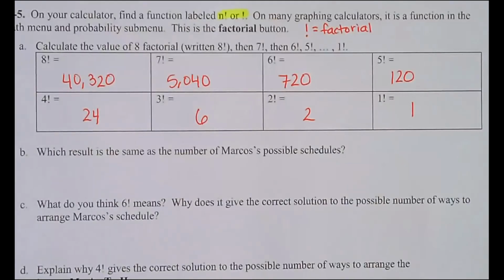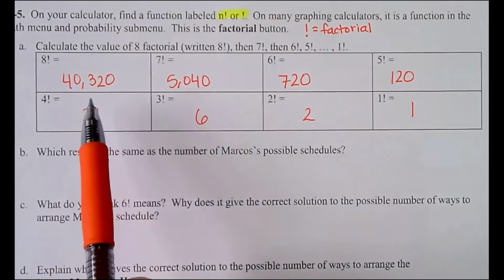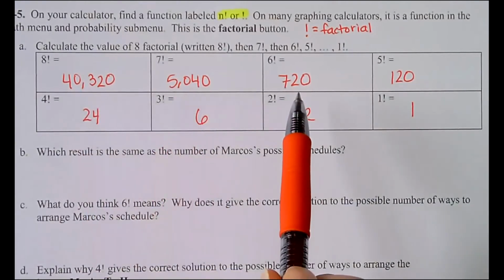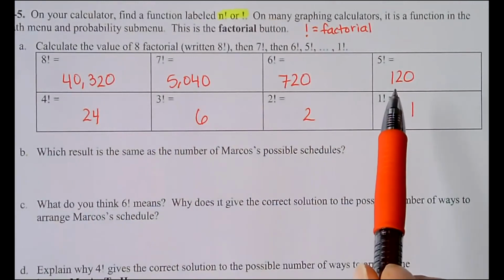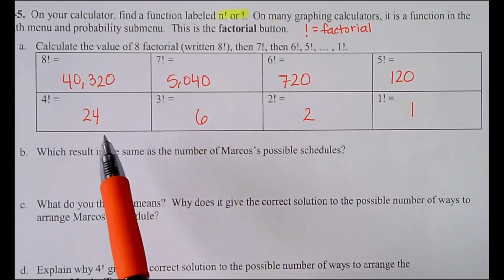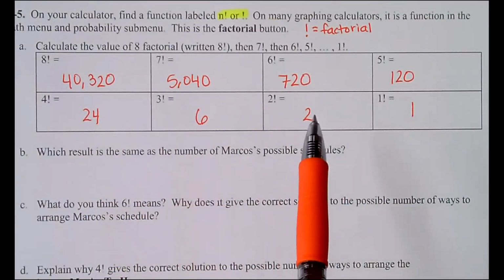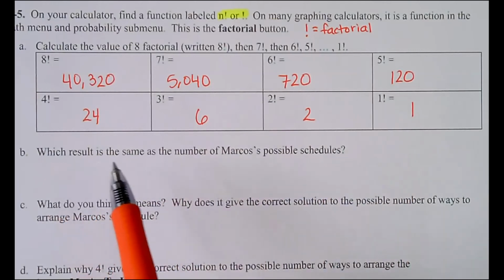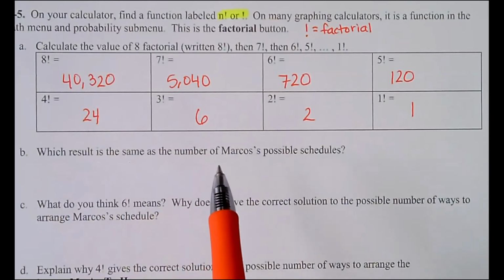So this is what I ended up with: 40,320, 5,040, 720, 120, 24, 6, 2, and 1. Now for part B, it says, which result is the same as the number of Marcos's possible schedules?